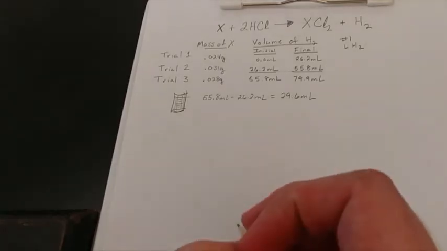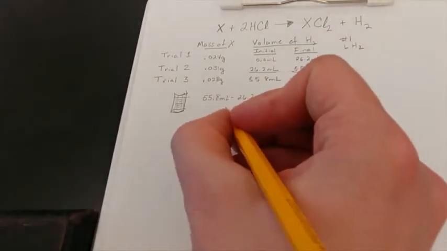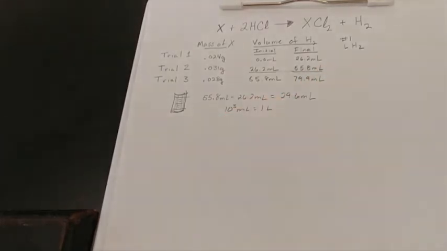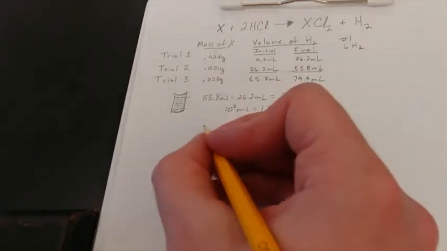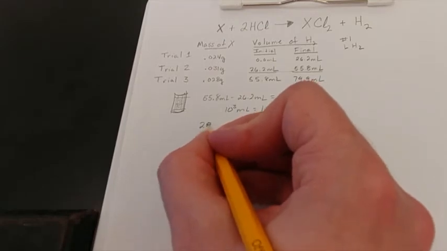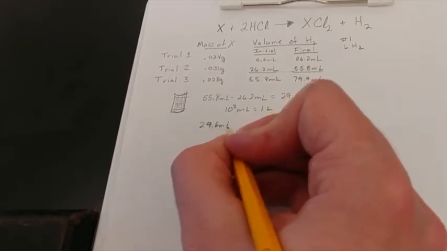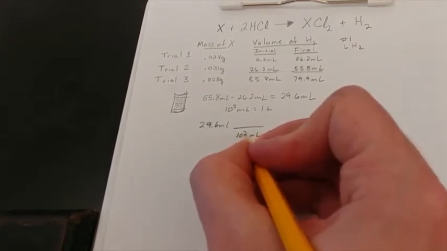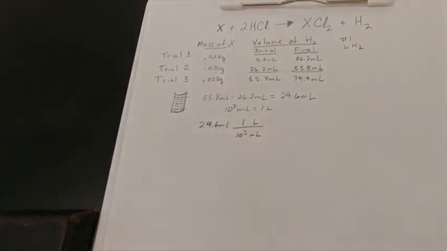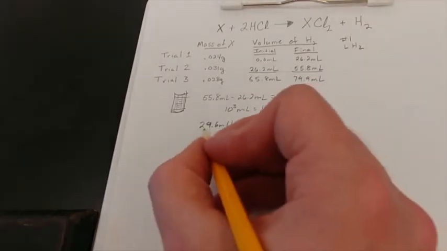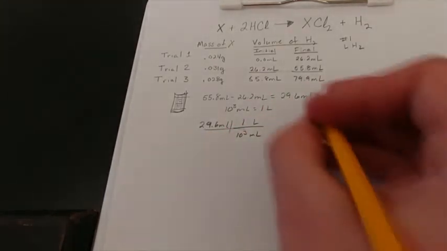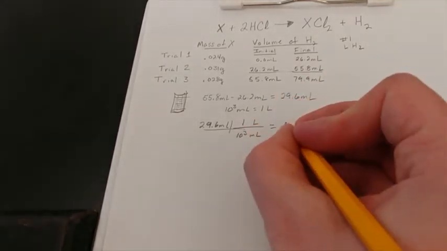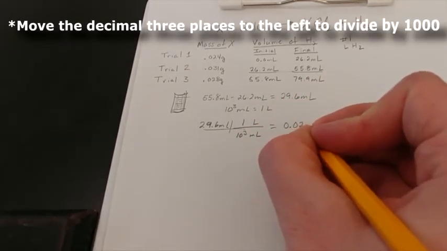Now I need to convert that to liters. There are 1,000 mils in a liter, or 10 to the third milliliters in 1 liter. So I'm just going to take 29.6, and I'm going to put milliliters on the bottom, put 1,000 down there. That's 1 liter. This is a fence post if you can't tell. And I'm going to end up dividing by 1,000 or just moving the decimal over 3 places.